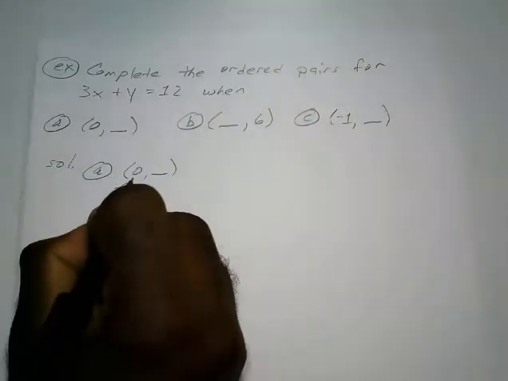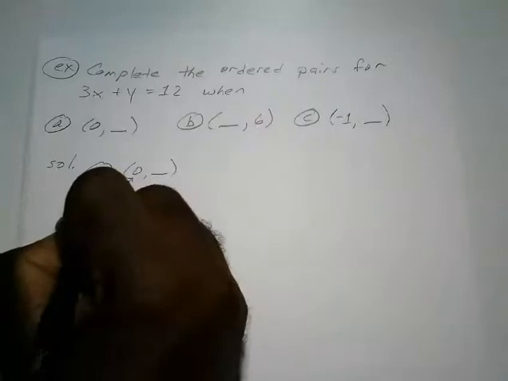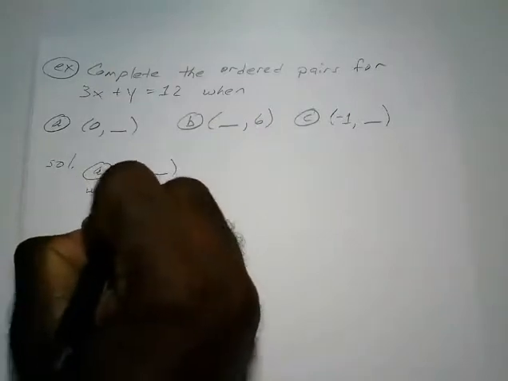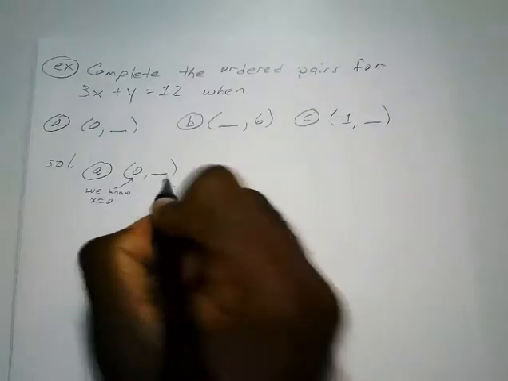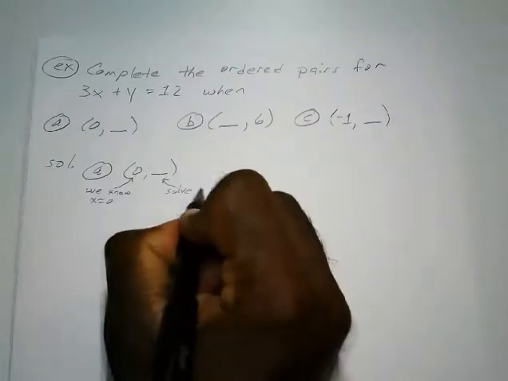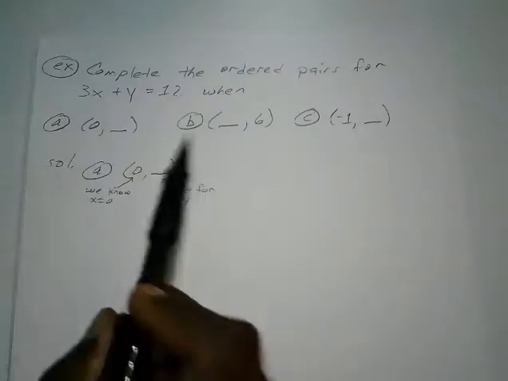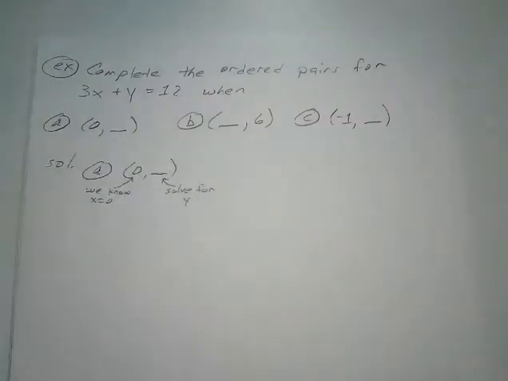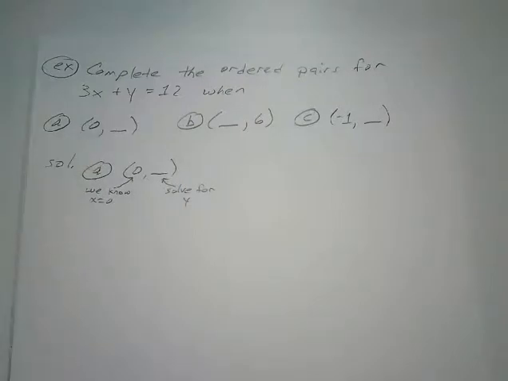So basically all this does is tell us that we know x equals 0. And all this is telling us is to solve for y. Because remember, our ordered pair is just x comma y. So we know our x, but we don't know our y.